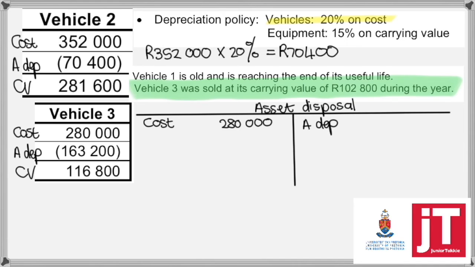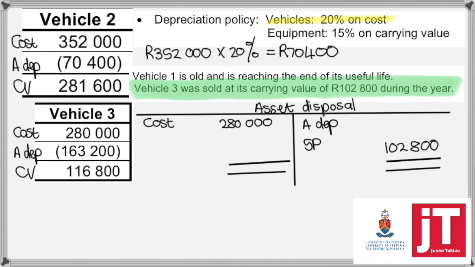What I do know is that we sold it, step number 4, at carrying value. So there is no profit or no loss on the disposal of the asset. So what can I solve now? I've put together all the pieces in the asset disposal account. So the balancing figure becomes now accumulated depreciation.